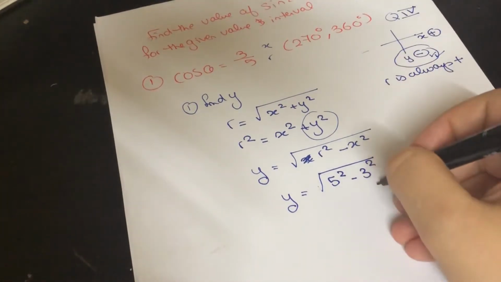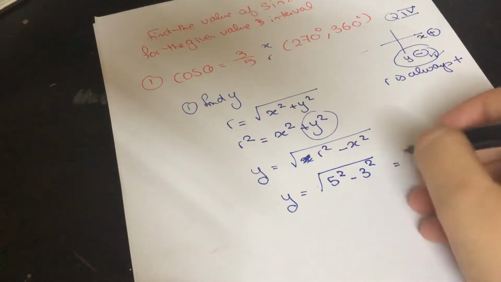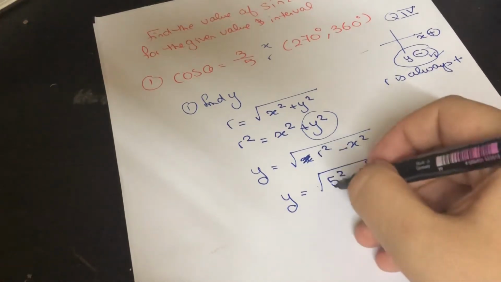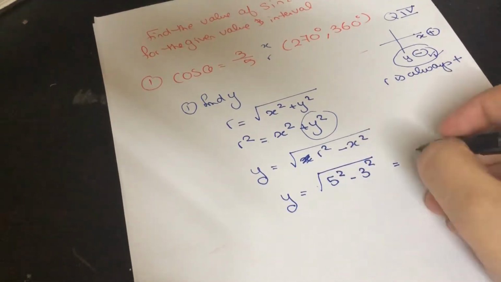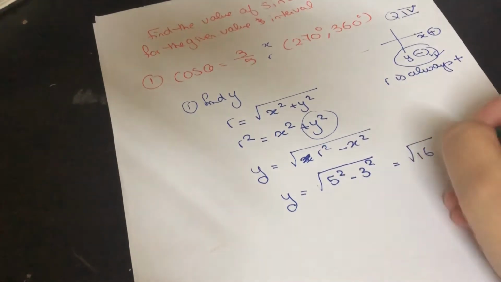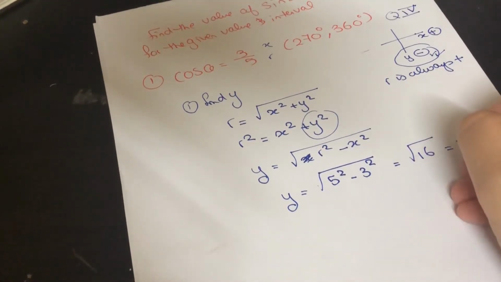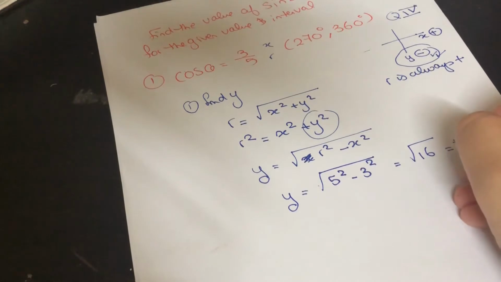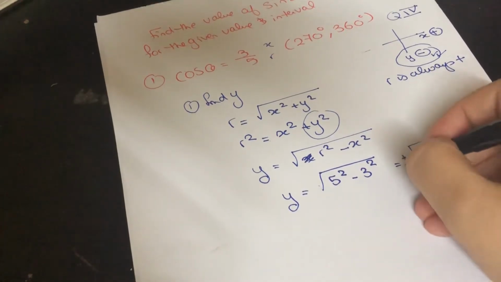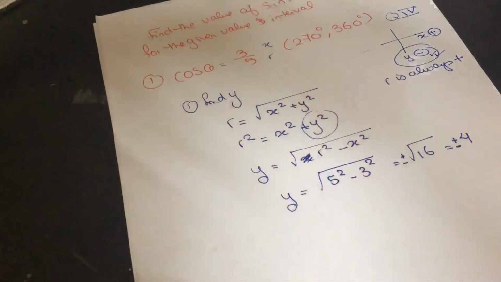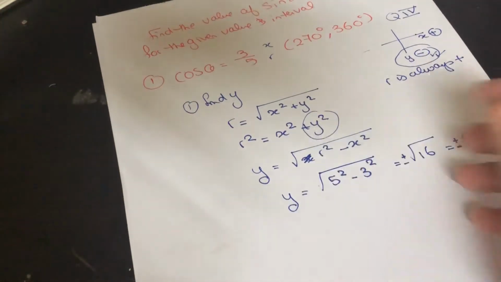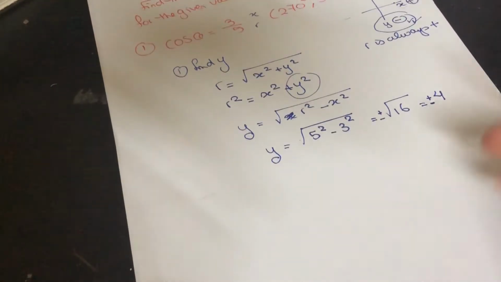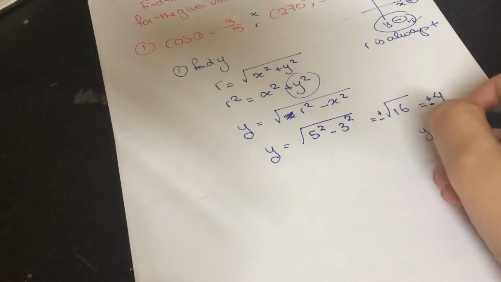Anyways, 25 minus 9, root of 16 is equal to 4. There is a possibility that this 4 is positive or negative, right? It's positive or negative root of 16. So which one shall I take? I'm going to take y equals negative 4.